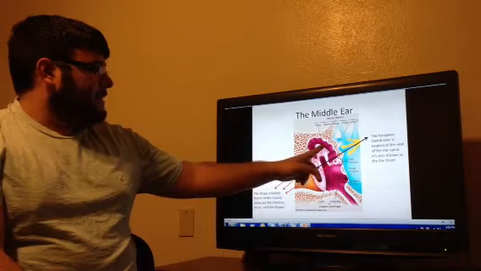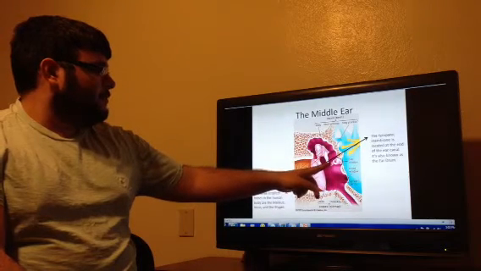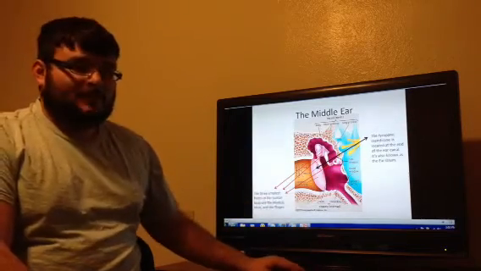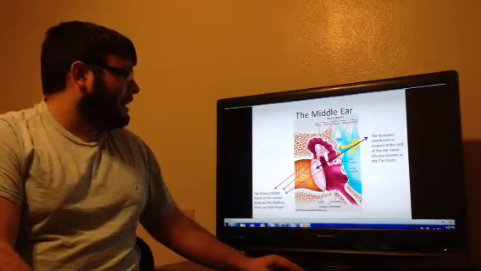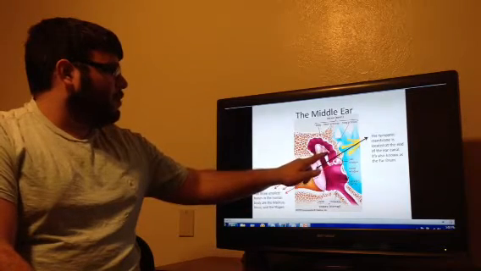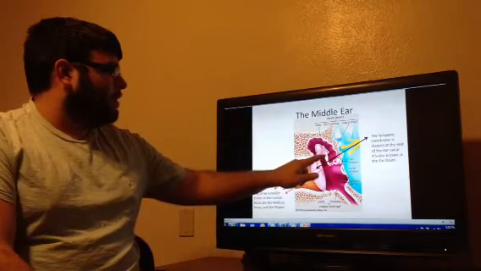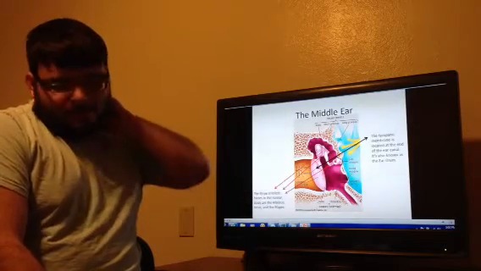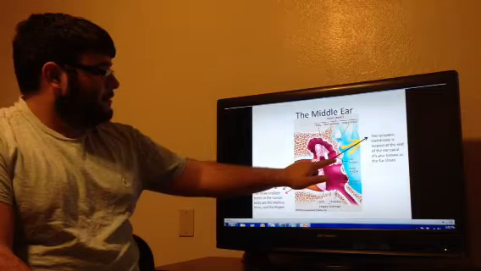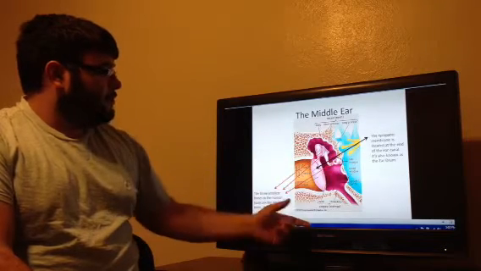Here is the incus bone, otherwise known as the anvil, because of its shape, shaped like an anvil. Here is the body of the bone, the short process, and the long process. This bone articulates with the stapes, which looks like stirrups.